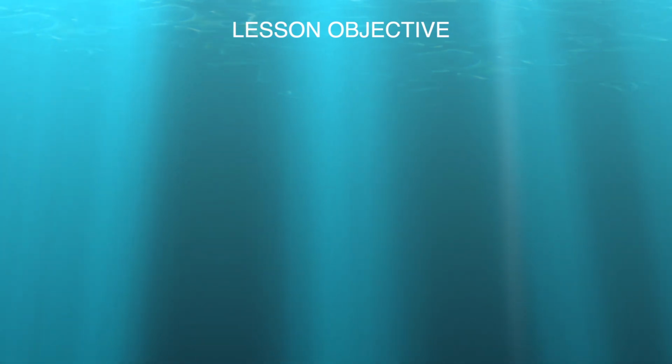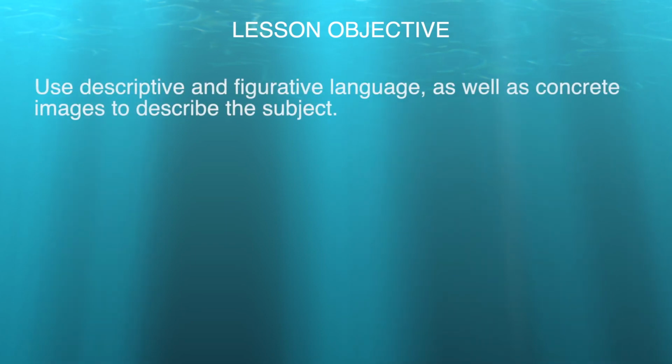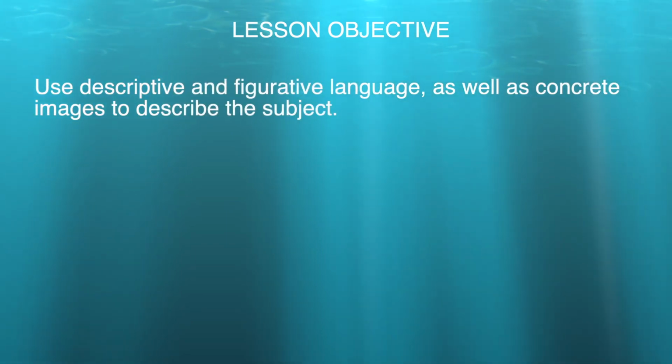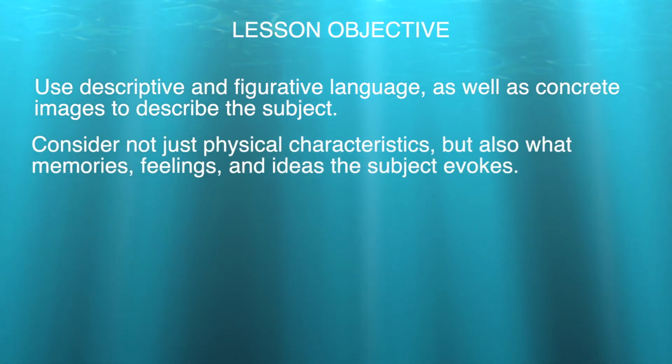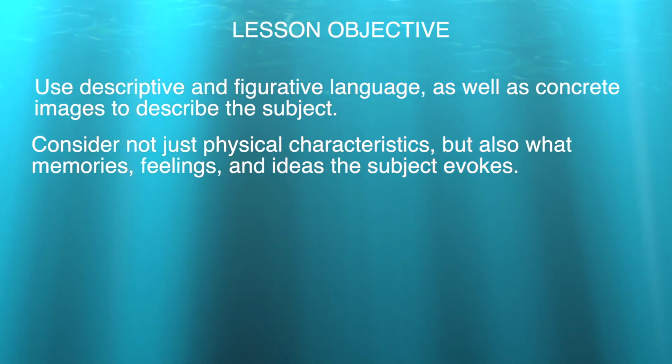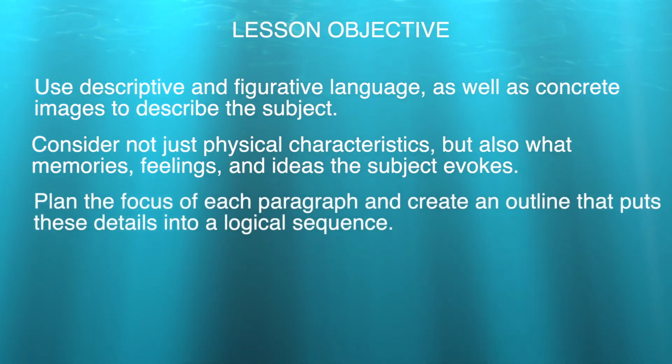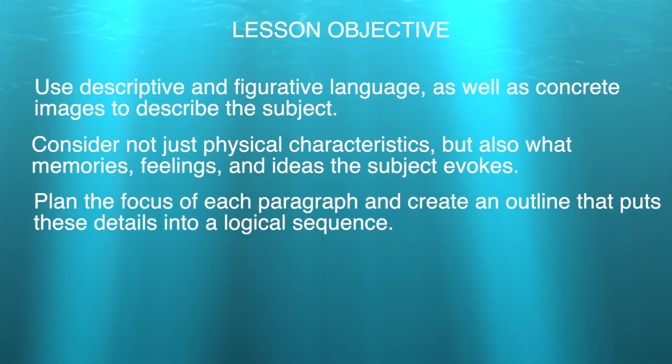In today's lesson, we have learned to use descriptive and figurative language as well as concrete images to describe the subject. Consider not just physical characteristics, but also what memories, feelings, and ideas the subject evokes. Plan the focus of each paragraph and create an outline that puts these details into a logical sequence.